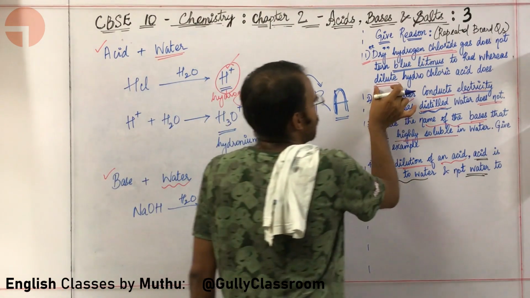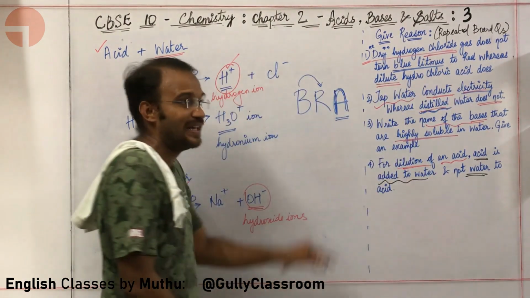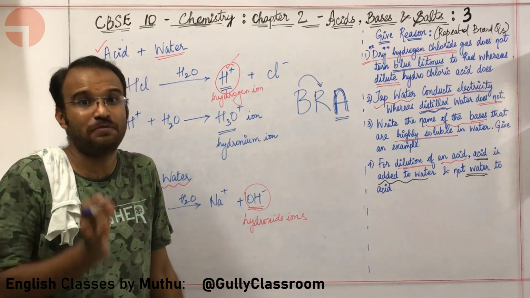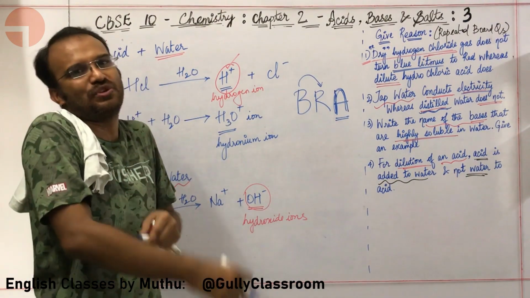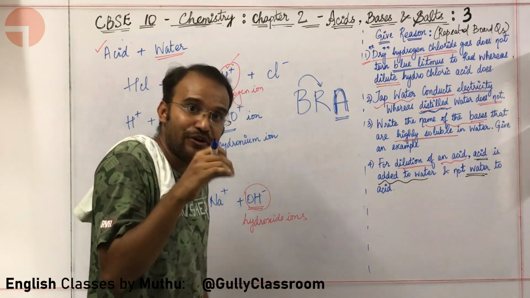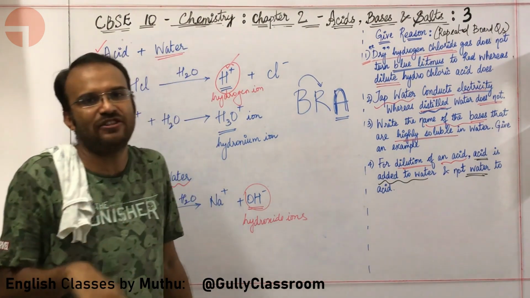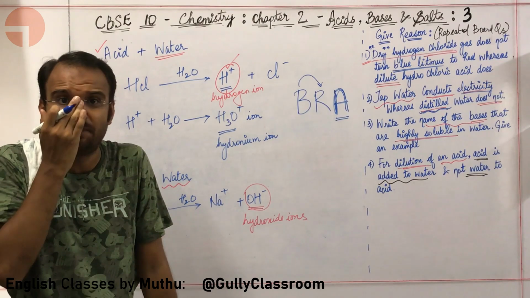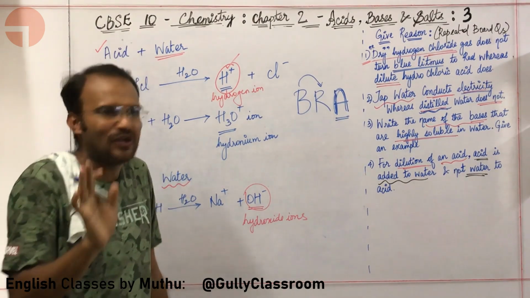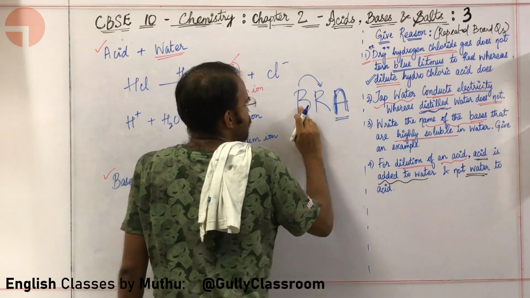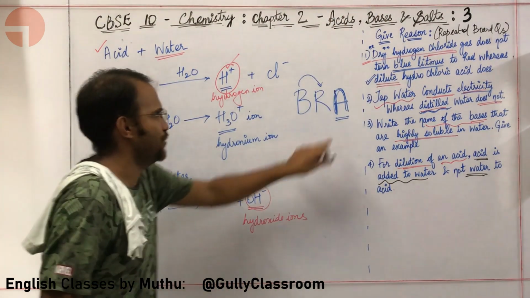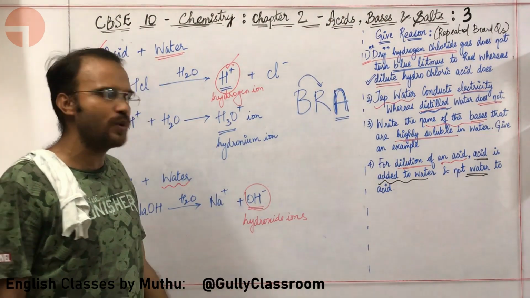But what about dilute hydrochloric acid? Dilute hydrochloric acid means hydrochloric acid that has been mixed with water. Because it already contains water, H+ ions will be formed and dilute hydrochloric acid will behave as an acid and convert blue litmus to red litmus. Are you comfortable with this particular question?